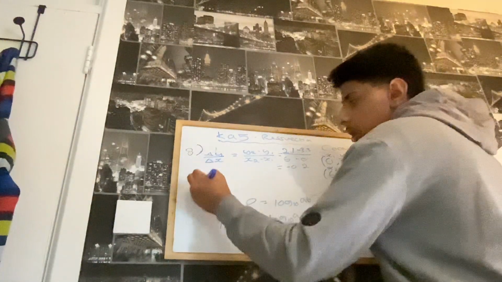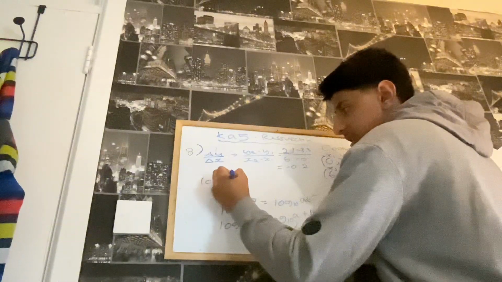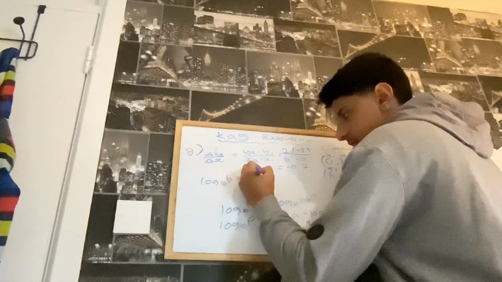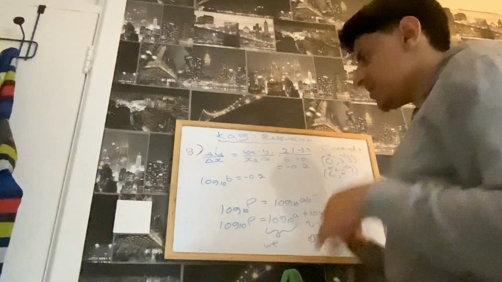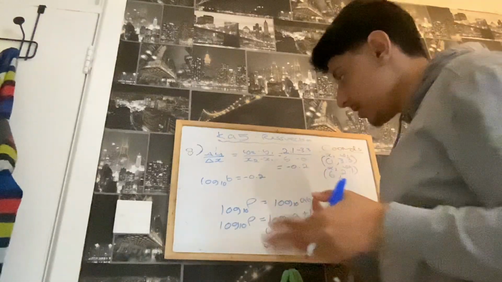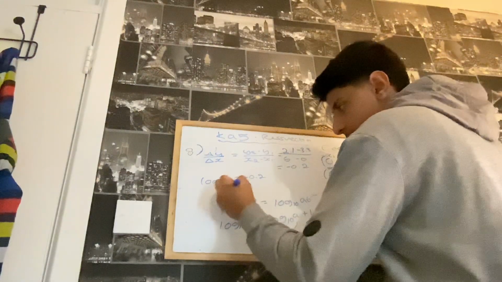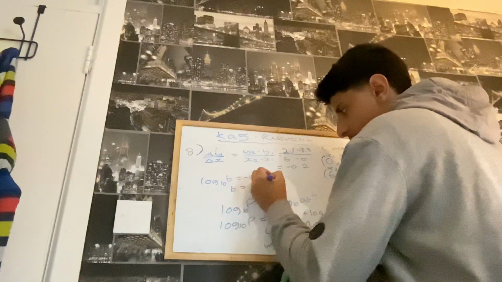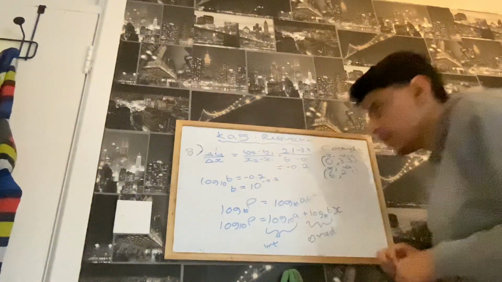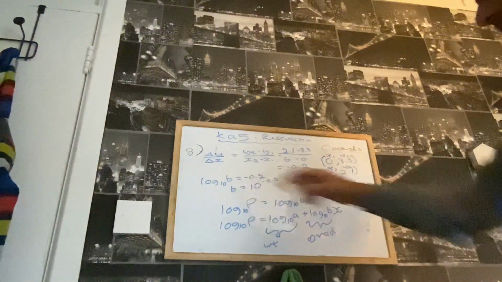Log 10b is equal to minus 0.2. Using the laws of logs, we can make this be 10 to the power of 0.2. This would still be the same as this.